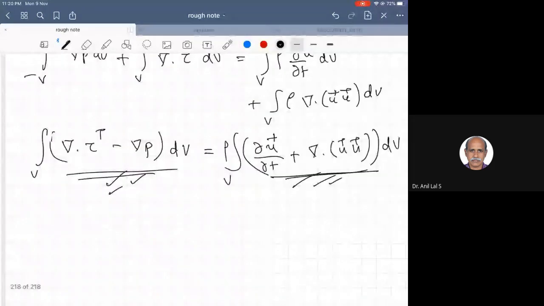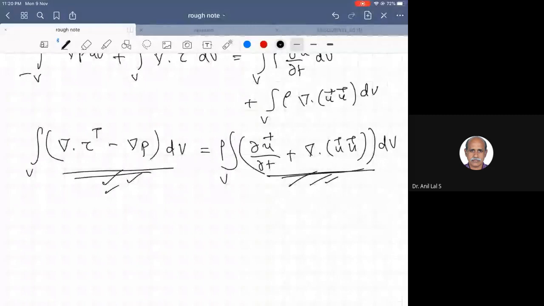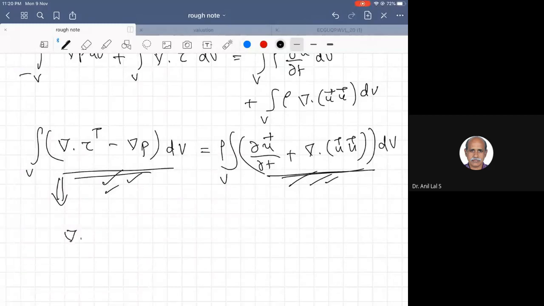So on very small, infinitesimally small control volumes, we can say that, with rho taken to this side, dou u by dou t plus del dot uu.